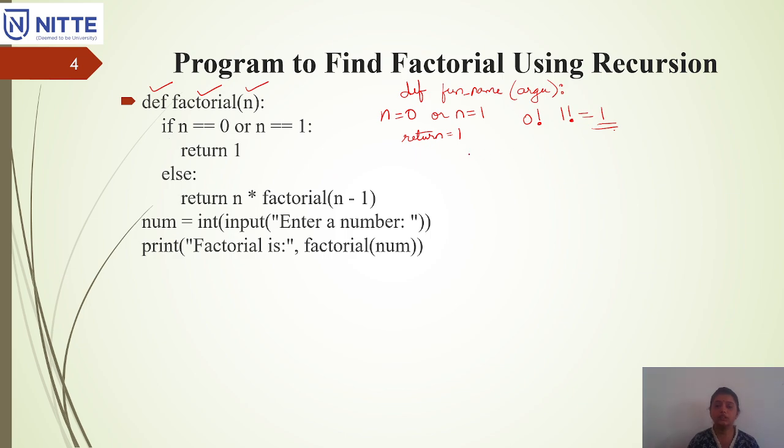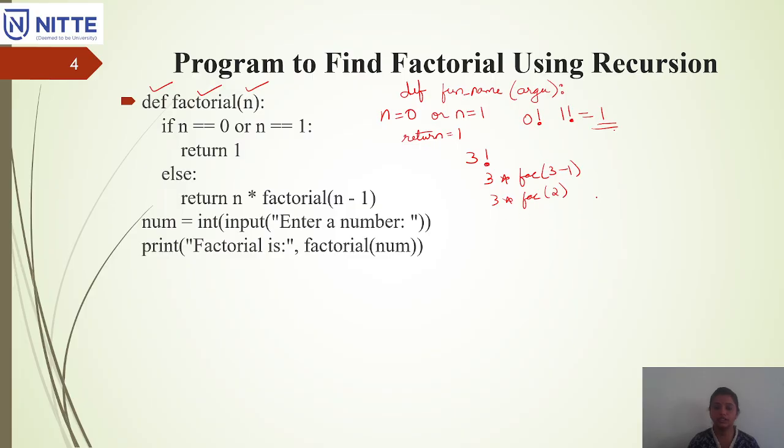Now, if the number given is 3, then return n into factorial of n minus 1, that is 3 into factorial of 3 minus 1, that is 3 into factorial of 2.